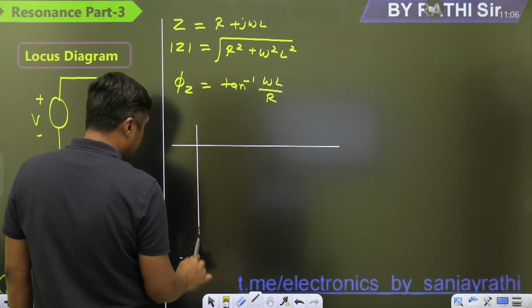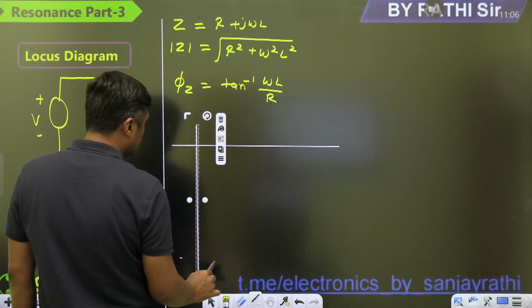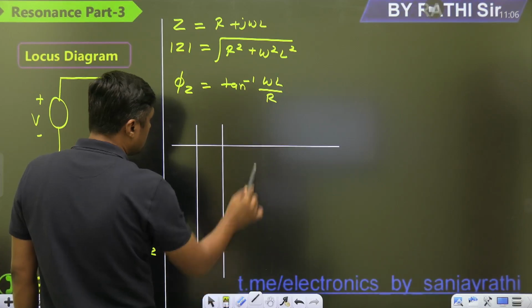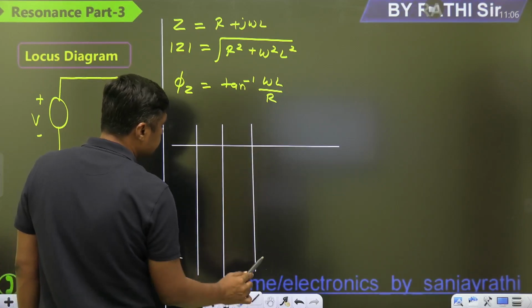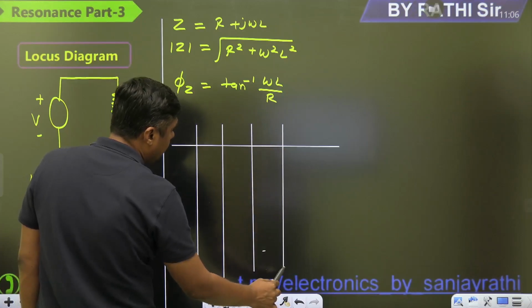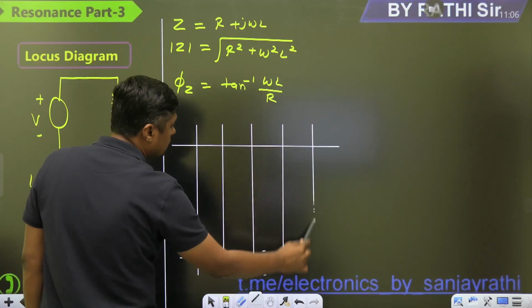First, R is variable. What is the magnitude of Z? What is the phase of the Z? What is the magnitude of I? What is the phase of the I?